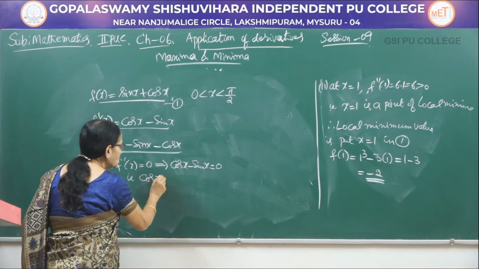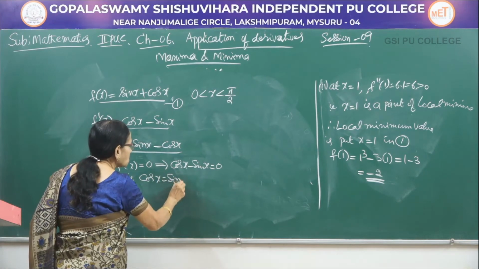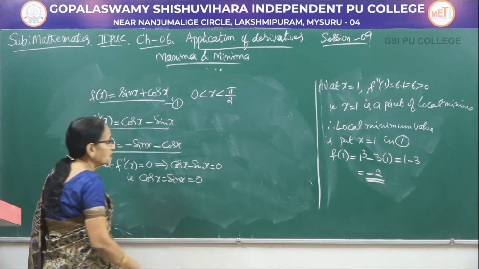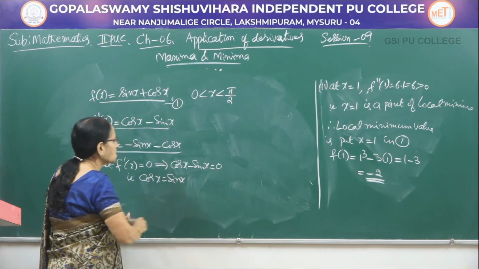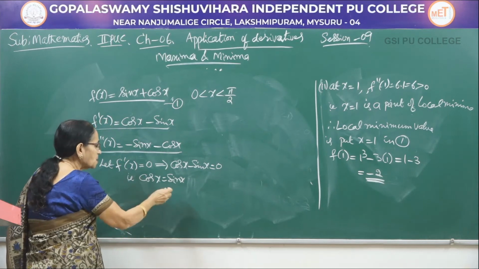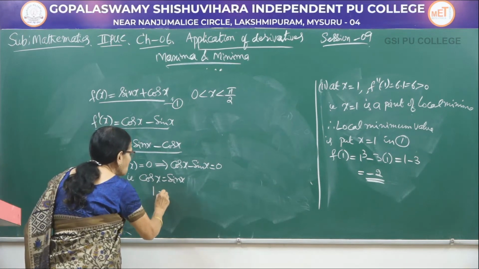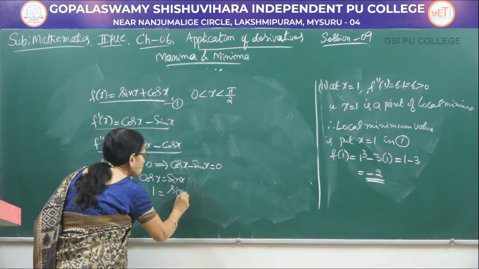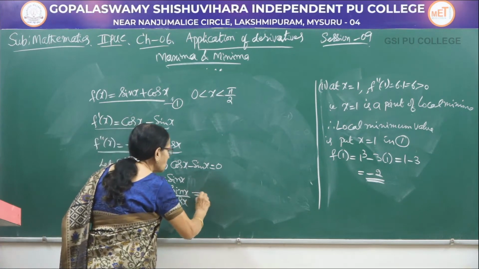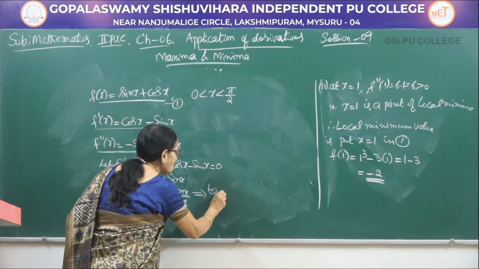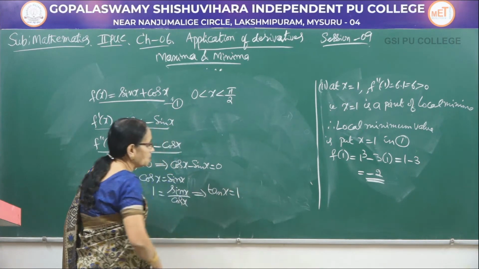It is a trigonometric function we are having. Cos x minus sin x equal to 0. Or you can take cos x equal to sin x. Now taking cos x to this side, 1 would be equal to sin x divided by cos x. What is sin x divided by cos x? It is tan x. Tan x equal to 1.